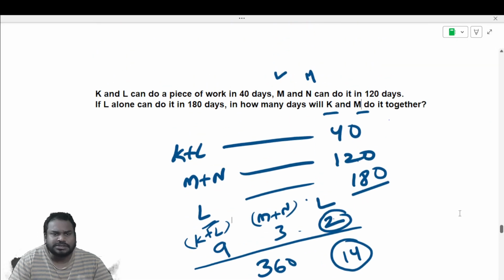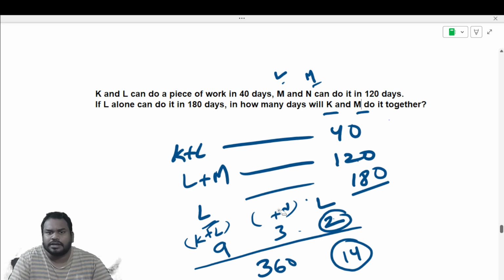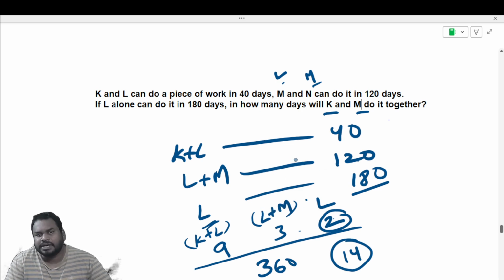Some correction is needed. See, it is not M and N, it is L and M. K and L can do it in 40, and it is L and M. The procedure won't change, just the terms are changing. Because otherwise some extra term is coming. While preparing, I did not notice this. Okay, so this is L and M.